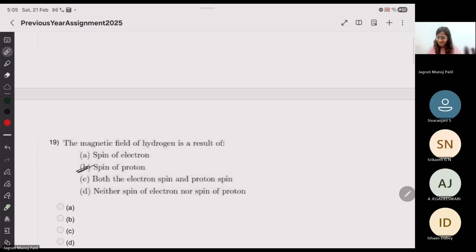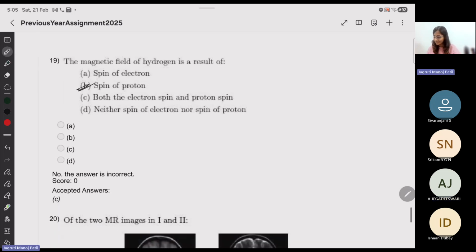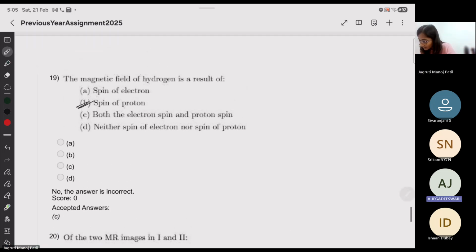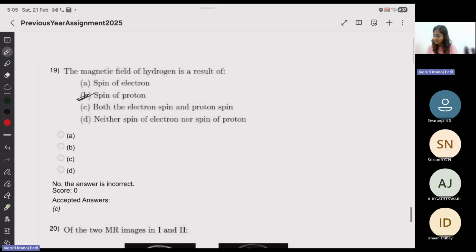Hydrogen has both an electron and a proton, but it only has a positive charge in its core. Let's check the MRI slides. I do think it's the spin of the proton, but if the option says both, stick to it then.